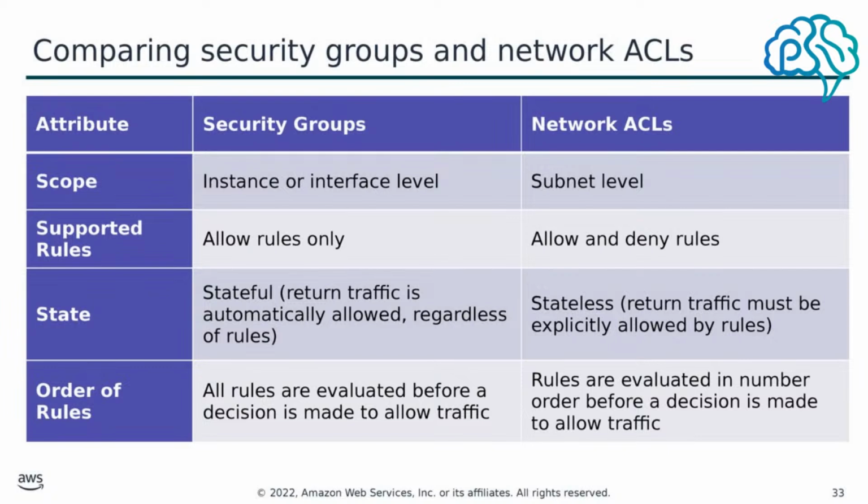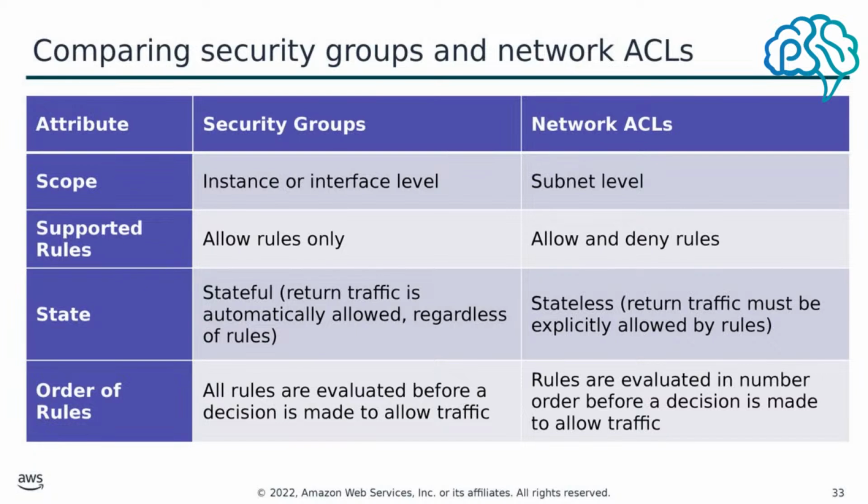If we look at how security groups and network ACLs compare, because there's some similarity and often confusion between these two things: a security group acts at the instance level, let's say a database or an EC2 instance or interface level, but the network ACL acts at the subnet level.